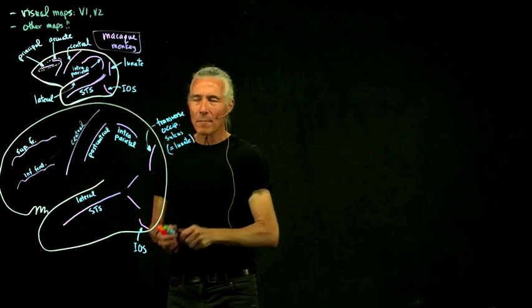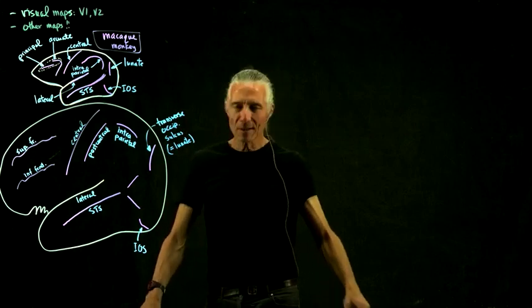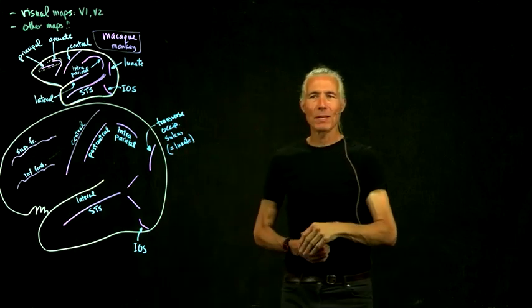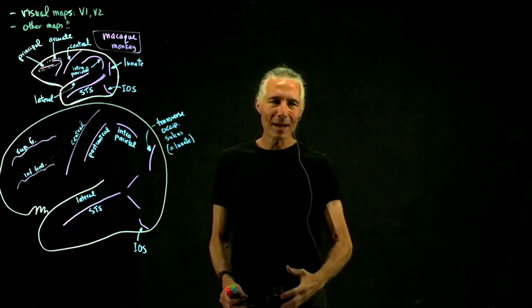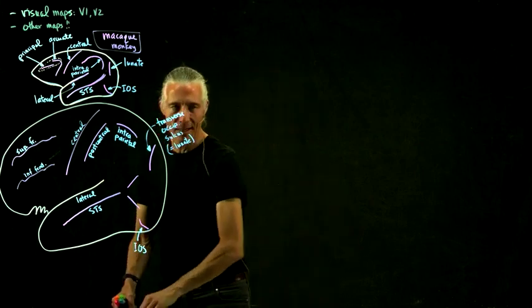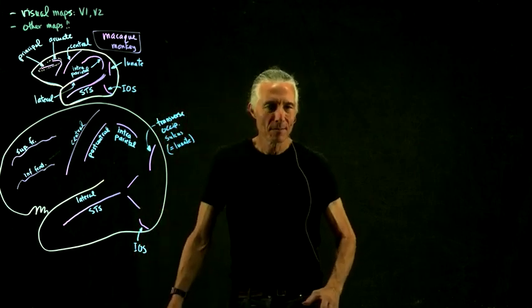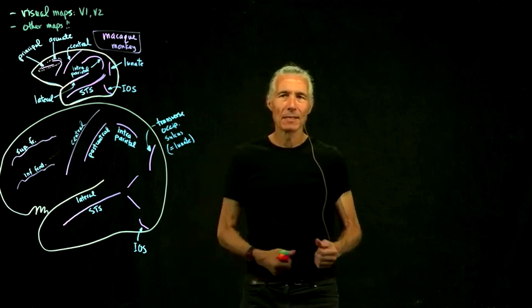Now, when we compare between these two animals, what's the overwhelmingly biggest difference between a macaque monkey and a human? That is body size. It turns out that by far the most important factor affecting brain size is body size.